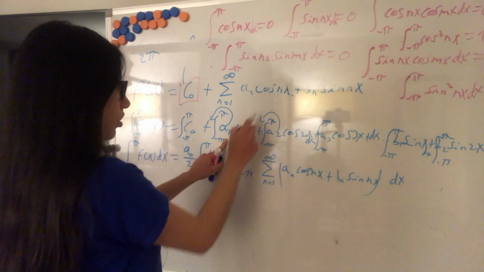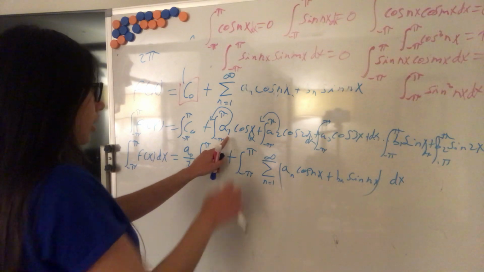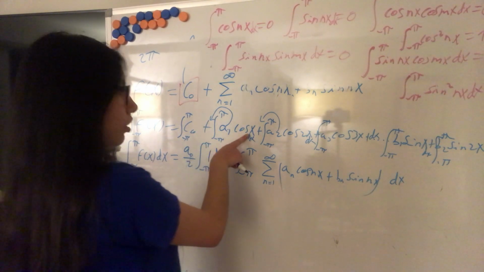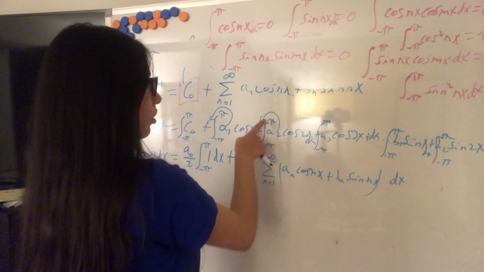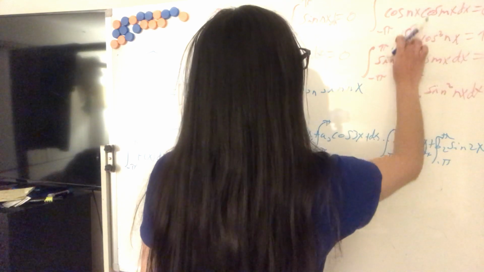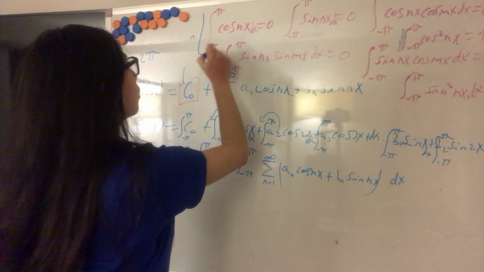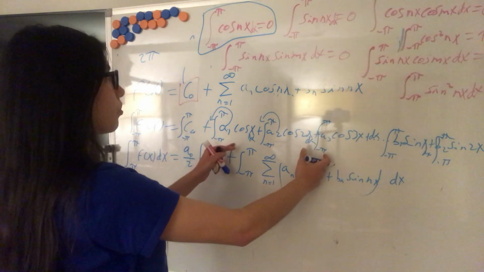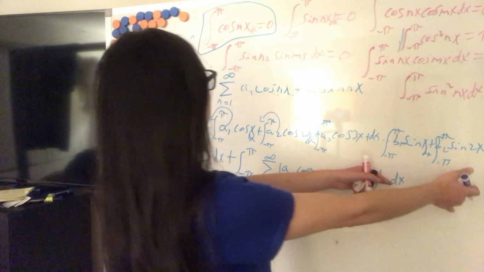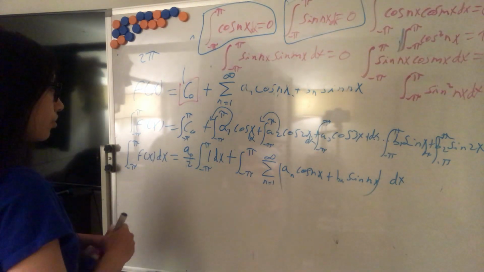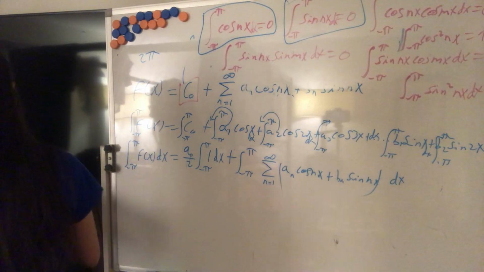Each one of these constants we can take out. Then we just have the defined integral from minus pi to pi of cosine of x, the defined integral from minus pi to pi of cosine of 2x, and so on. So all of the cosine terms would be 0, and all the sine terms will also be 0.